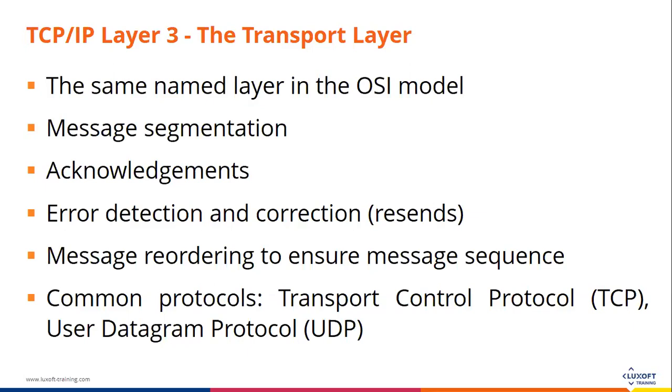At the level of this layer, we are doing some error detection and correction. We are reordering messages in case they have arrived in some wrong order. At this level, the common protocols are Transport Control Protocol, or TCP, and User Datagram Protocol, UDP.